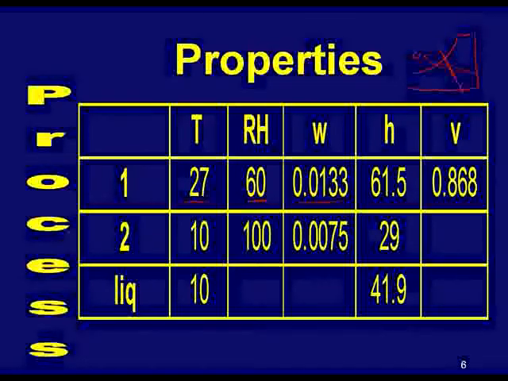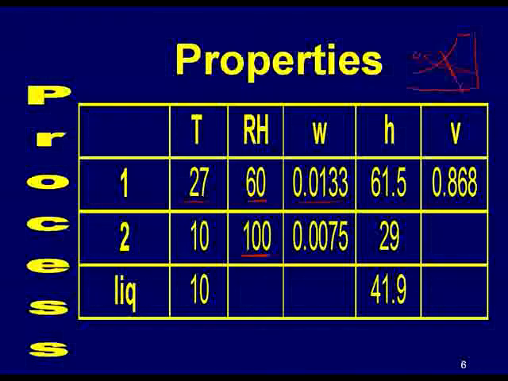That allows us to eventually calculate our mass flow rate from the volume flow rate of the air. Typically air is specified in volumetric flow rates, cubic feet per minute or meters cubed per minute or liters per minute. State 2, as we said, was 100% relative humidity.